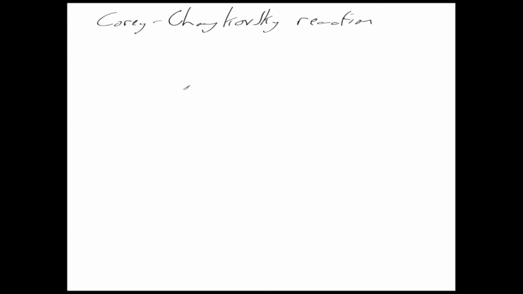So basically we take a sulfonium halide. So if I have sulfur and I have a CH3, CH3, that's going to be a sulfonium ion because sulfur's donated electrons into that methyl group there.